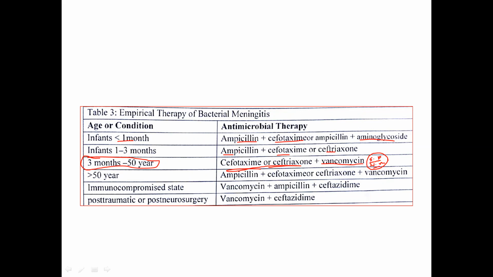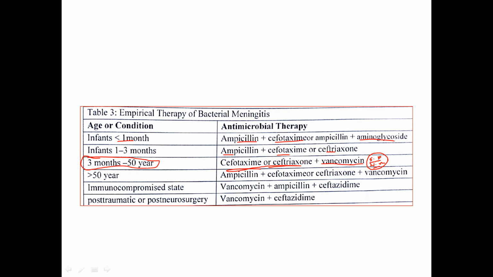We don't need ampicillin because Listeria monocytogenes is not the common cause in this age group. So ceftriaxone or cefotaxime plus vancomycin is enough in those with 3 months up to 50 years who are immunocompetent.